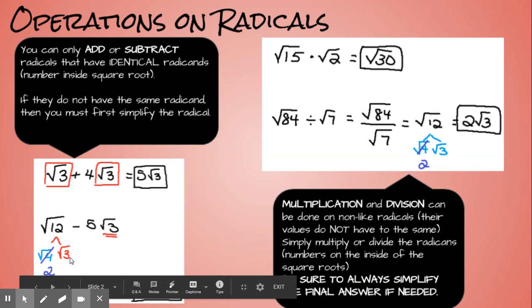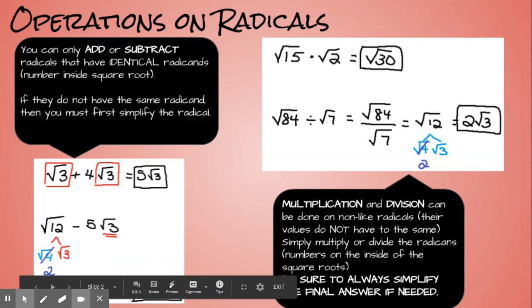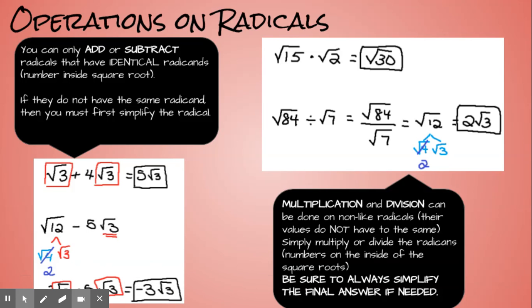This is then written as 2 radical 3. And then when I simply subtract them, 2 radical 3 minus 5 radical 3 gets me that negative 3 radical 3. And I know I have that toolbar on the bottom hiding it, but you can get the idea and you can look at it later.